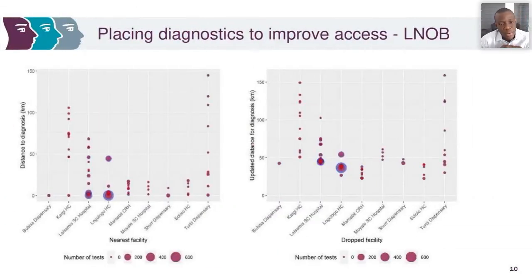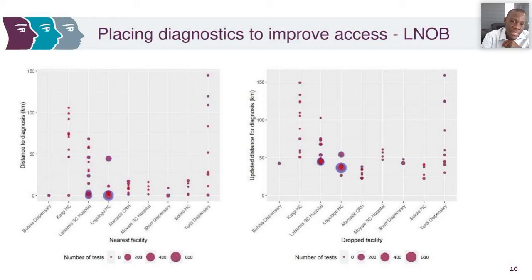So then we also looked at how best diagnostics can be placed to improve access in terms of travel distance. These two plots show you the distance that patients had to travel to access diagnostics.